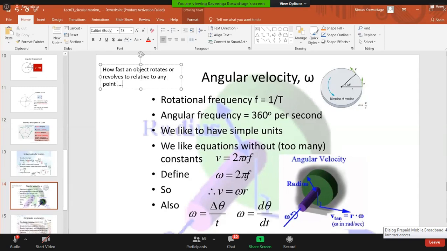This will give you an idea about how fast the object is moving between 2 points. So this is angular velocity.